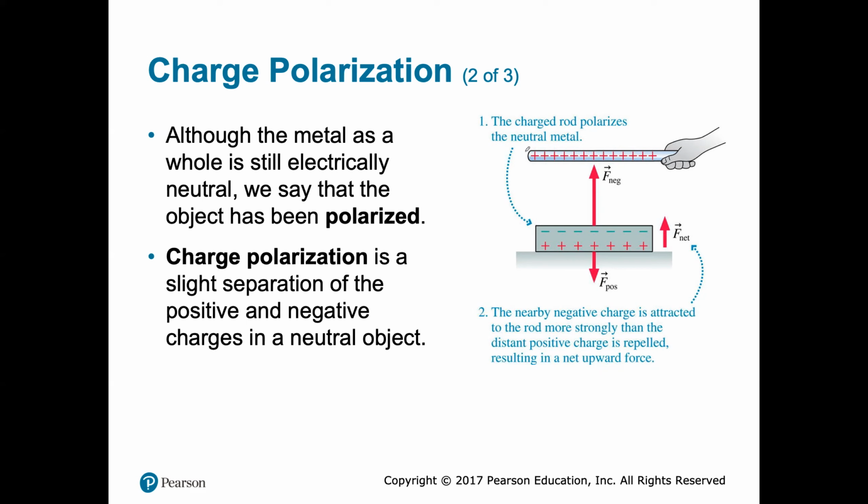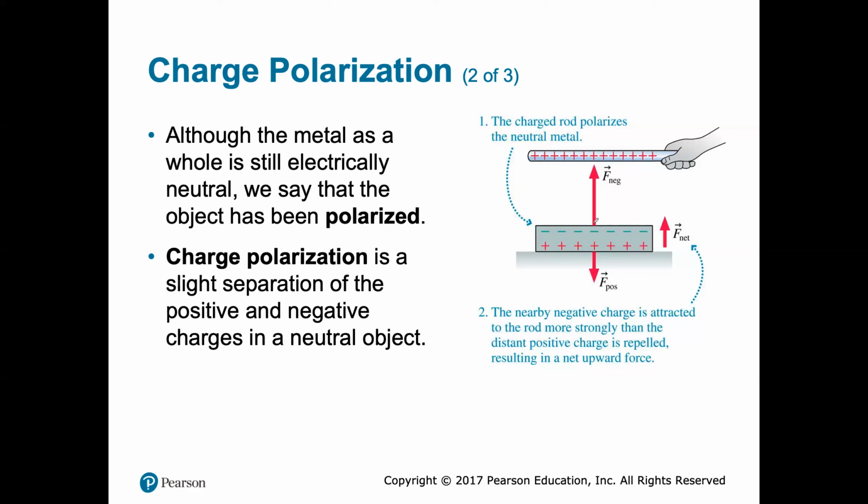When you have a positively charged rod close to a neutral object, the negative charges will be attracted by the positive charges on your rod, and the positively charged particles are repelled by your rod. Then the charge on the small object is distributed like that: negative on top, positive on bottom.